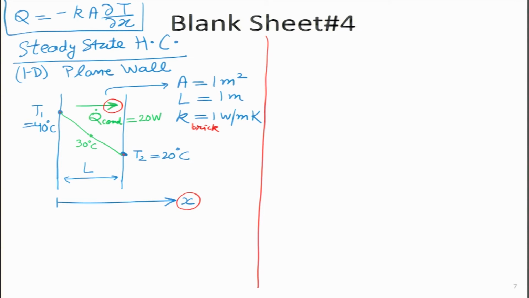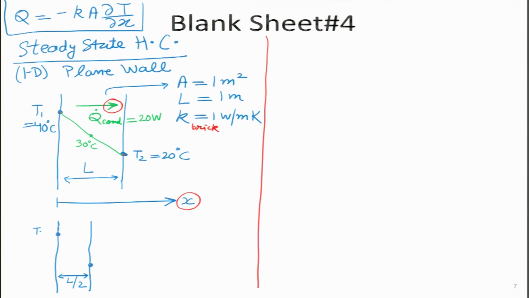Now, let us try and play around with this problem in the following way. Let us change certain parameters. The first parameter I would like to change, while keeping everything else almost the same, is to see what happens when the thickness of this wall becomes half. The point over here we are still maintaining at 40 degrees, and the point on the right hand side we are still maintaining at 20 degrees.